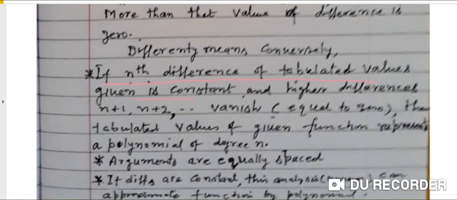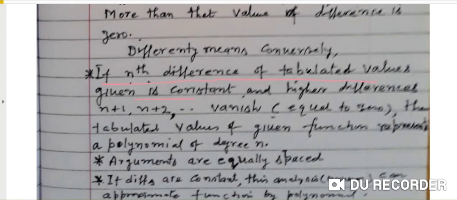I am not given the polynomial. Just we are thinking about the polynomial. We are given the tabulated values, and we have computed the nth difference. After computing the nth difference, we have got a constant value, and when we go for the higher differences, n plus 1 and so forth, they vanish.